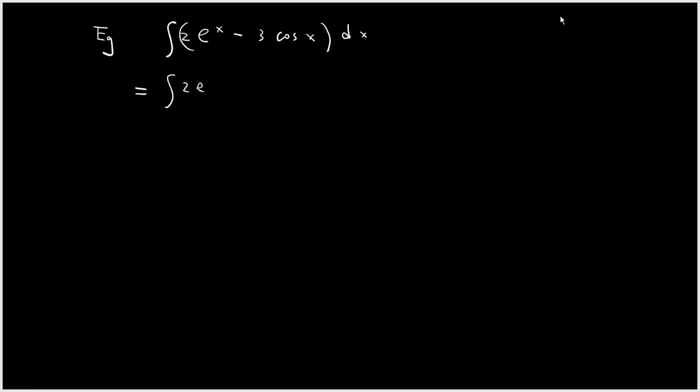You have the integral of 2e to the power of x dx, minus the integral of 3 times cos of x dx. And then you use property number 1.